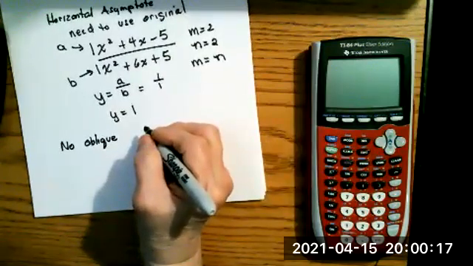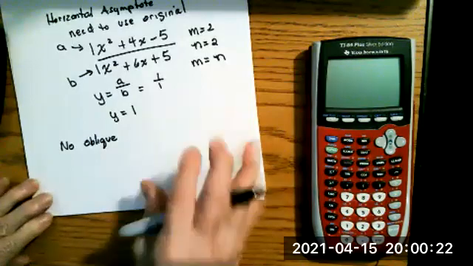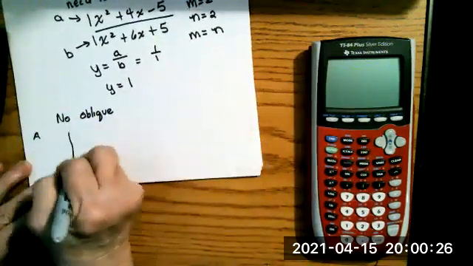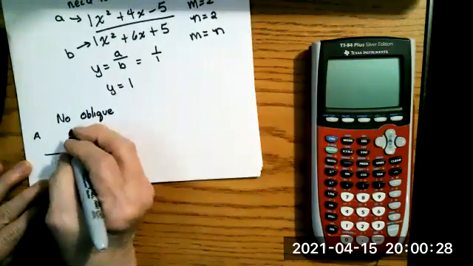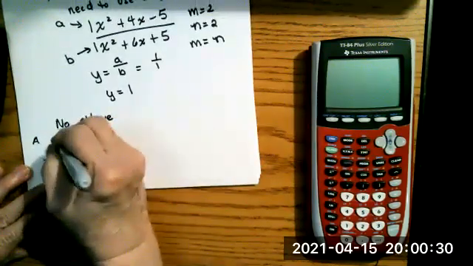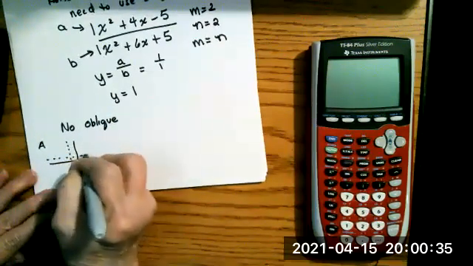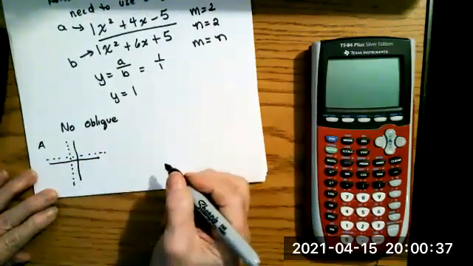Okay, let's see how these pictures are going to go. A has a picture that looks like this. At x equals -1, there is an asymptote. At y equals 1, there is an asymptote.